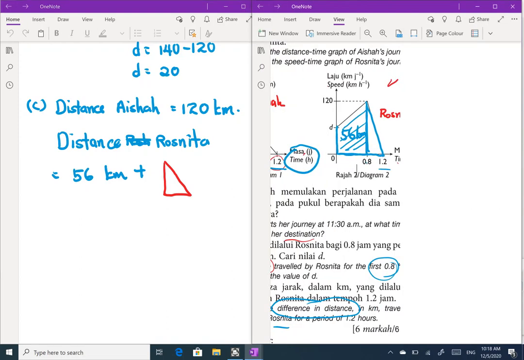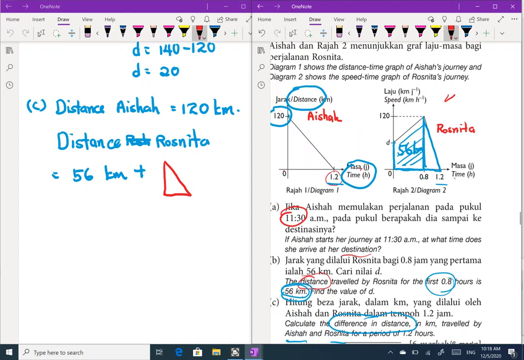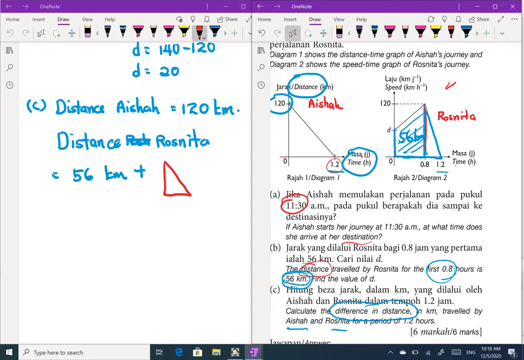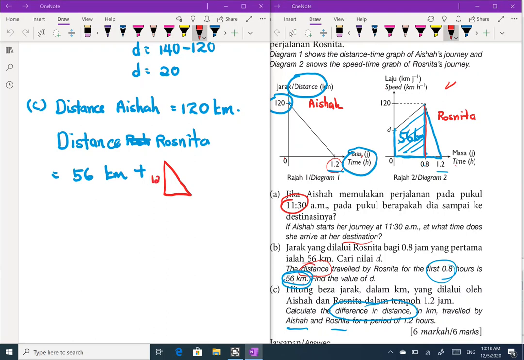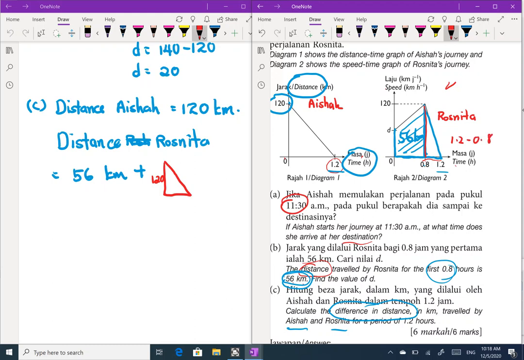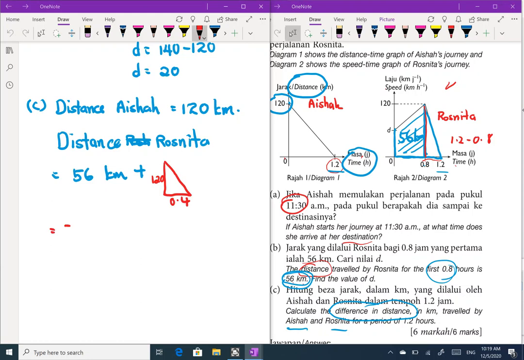Okay, so we know the triangle. Can you tell me what this one is? It's 120, and this one is 1.2 minus 0.8, so it's 0.4. So 56 plus the area of the triangle, which is 1 over 2 times 0.4 times 120.